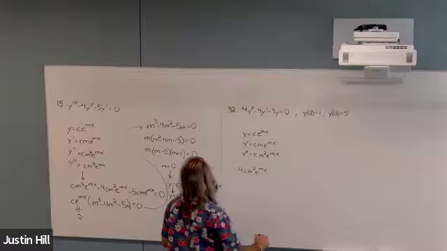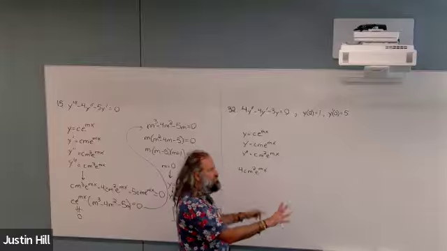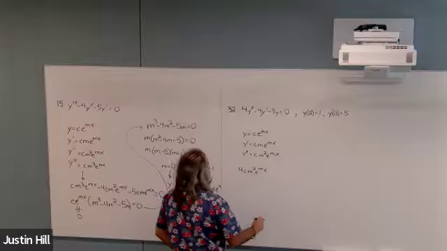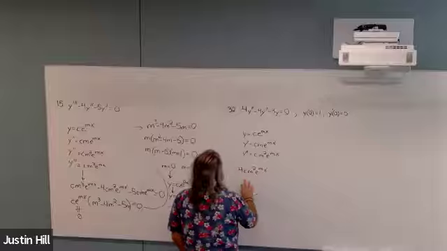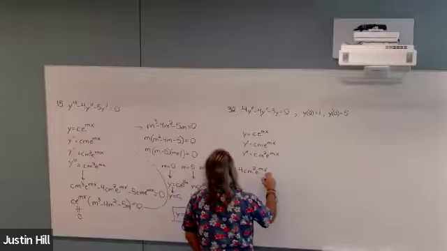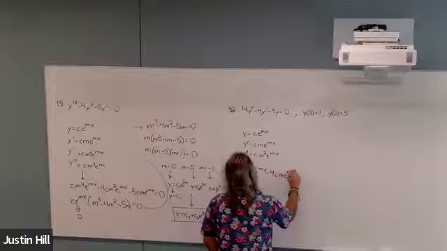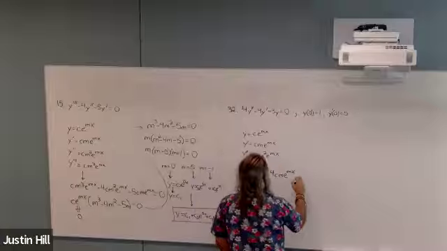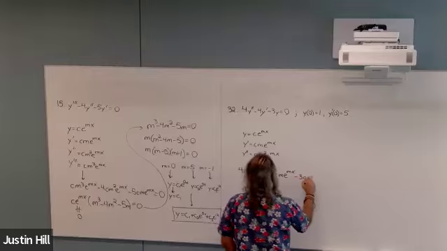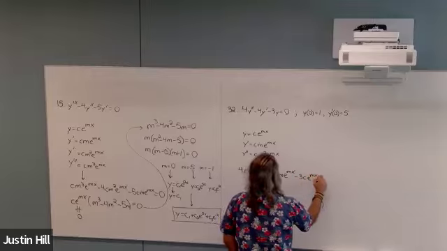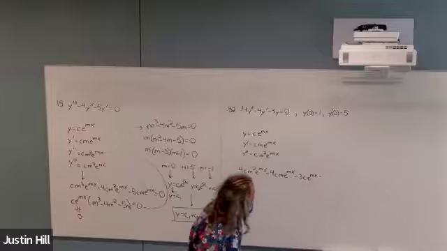Well, it's at least not complex numbers. I just didn't want to deal with that algebraically. Okay, good then. 4cm squared e to the mx minus 4cm e to the mx minus 3c e to the mx equals 0.